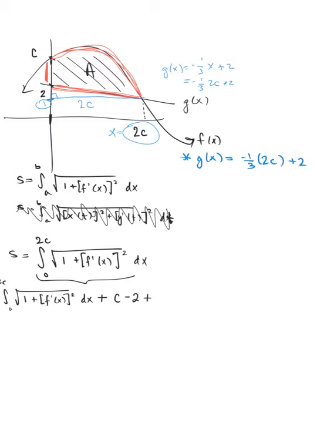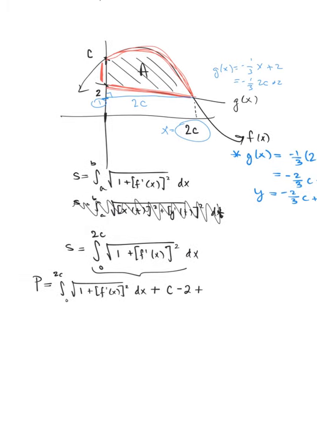I'm looking to find that corresponding y value, so that would be negative 2/3 c plus 2, and that would be the y. That would be kind of ugly, but this right here would be at negative 2/3 c plus 2, and then I could do the Pythagorean theorem from there to find that value, okay?